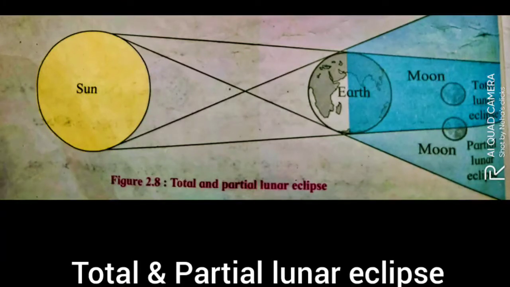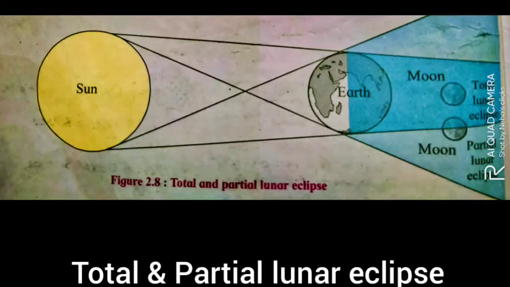Earth's shadow falls on the moon and the moon is invisible from some part of the earth. When the complete moon is invisible from earth, it is called total lunar eclipse. If part of the moon is invisible, then it is called partial lunar eclipse.